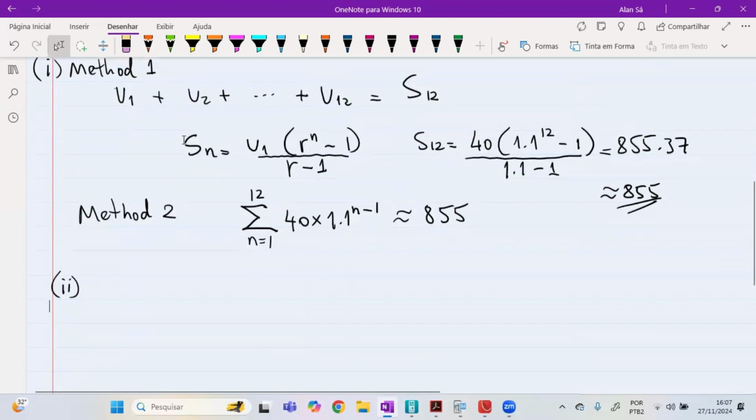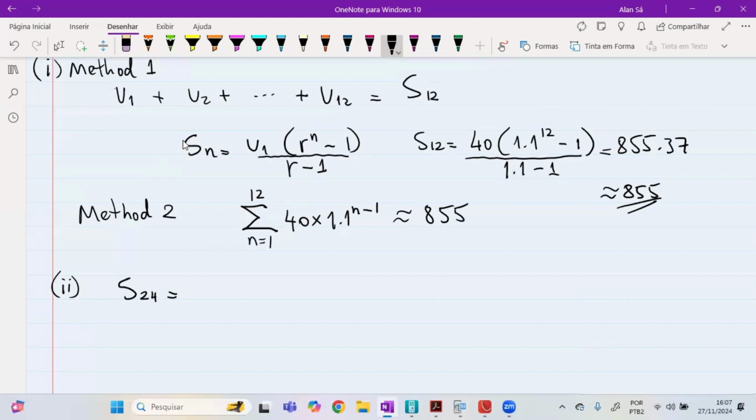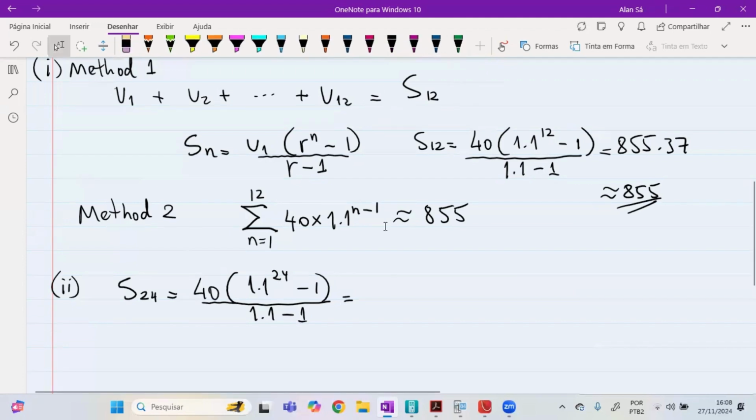Now for 2026, we could add the 24 terms of the sequence, because then we would be adding 2025 and 2026, by using first term 40, 1.1 to the power of 24 minus 1, over 1.1 minus 1. If we do this, we find the sum of the number of cars from 2025 and 2026.